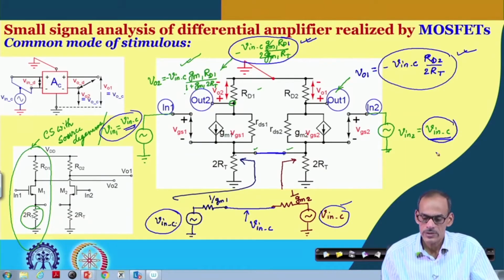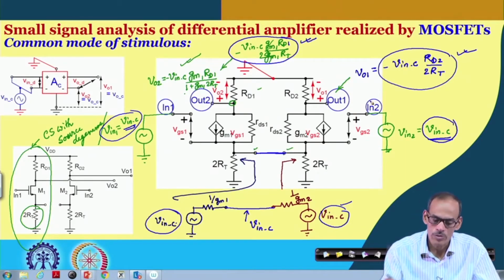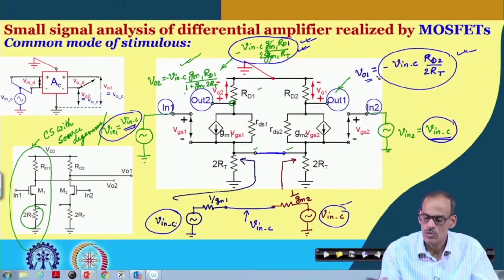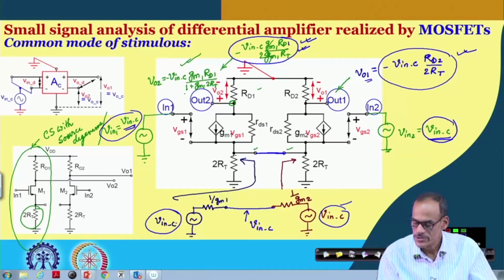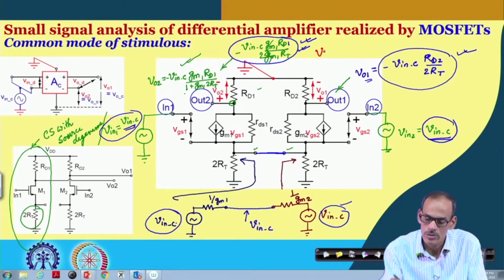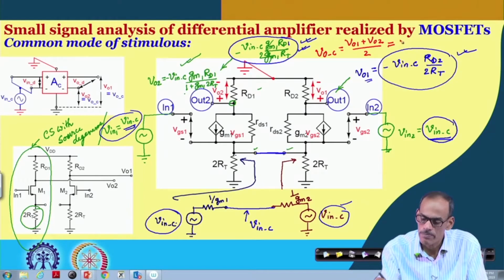So, I should say that the common mode output, if I take the average of VO2 and VO1, gives us the common mode output VOC. That is VO1 plus VO2 by 2. That remains the same as the individual one, namely V in C multiplied by RD divided by 2 RT.